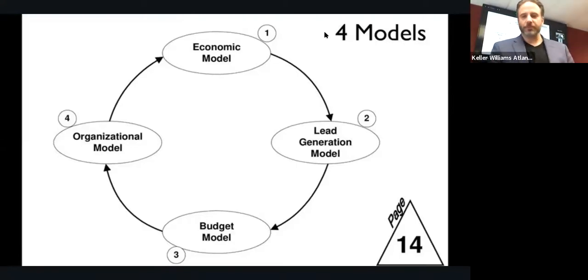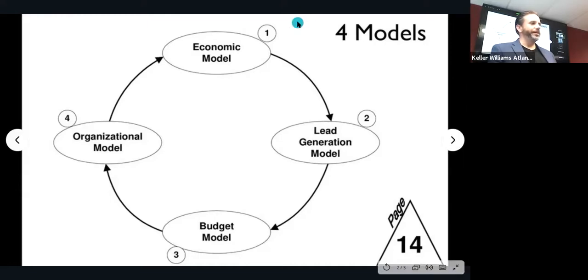Budget model, pretty self-explanatory. If you don't have a P&L for your business, then you don't really have a business, right? Be amazed how many people have no idea how much money they spend, how much money they make, what percentage of ROI they make on their leads. And I'm talking about big teams. I sat with a team one time, and he did $75 million in Delaware in 2018.